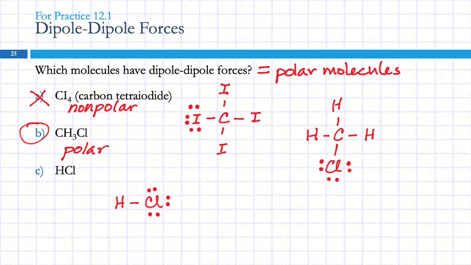Remember, I said it's good enough for Chem 1A to assume that if these are 2 different elements, there's a polar bond there. If they're the same element, like if we have Cl2, they have the same electronegativity, this is a nonpolar bond. But this is going to be a polar bond because the elements are different. Because this is polar, this also has dipole-dipole forces.